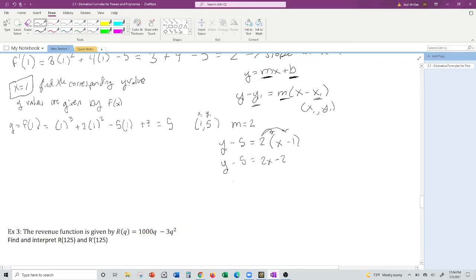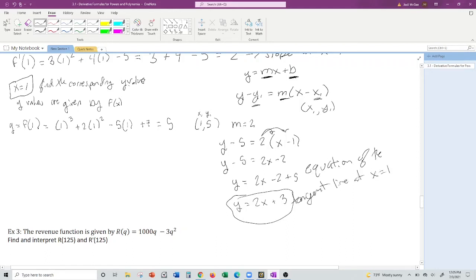Then we add 5 to both sides, so we get y is equal to 2x minus 2 plus 5. So y is equal to 2x plus 3 is our equation of the tangent line at x is equal to 1.